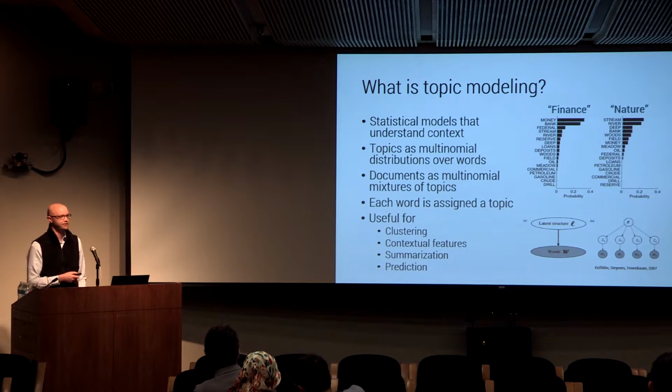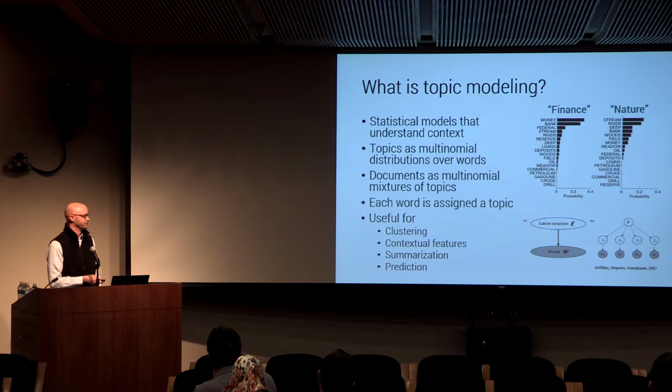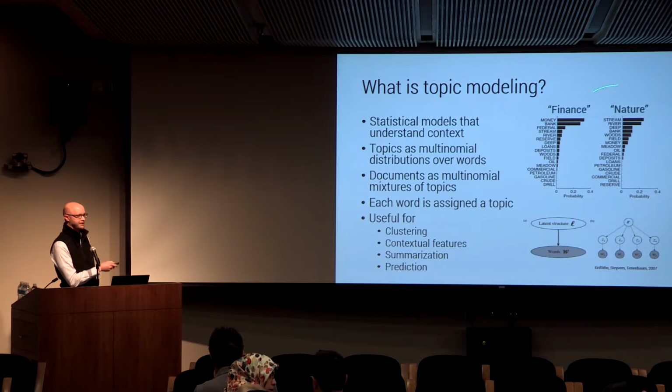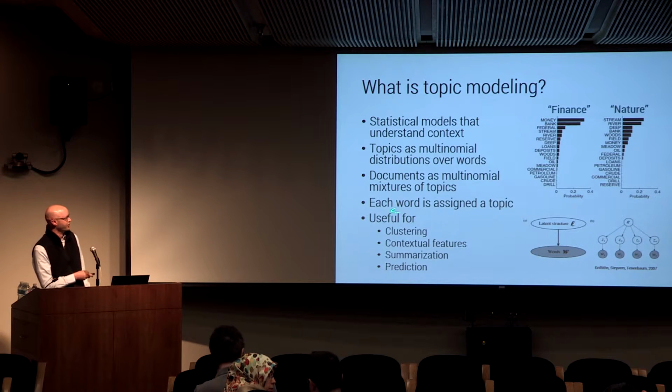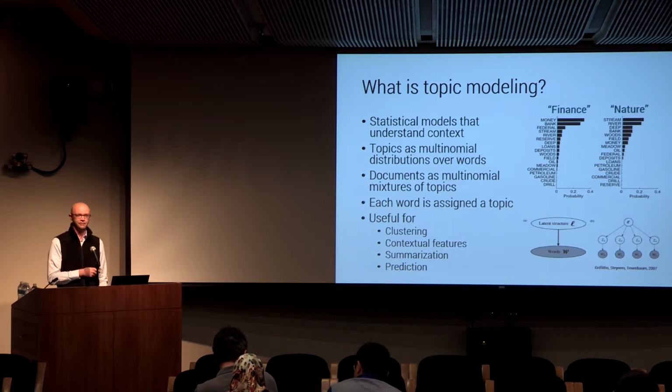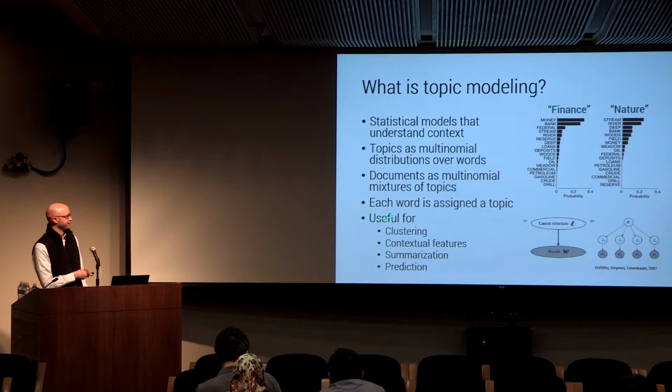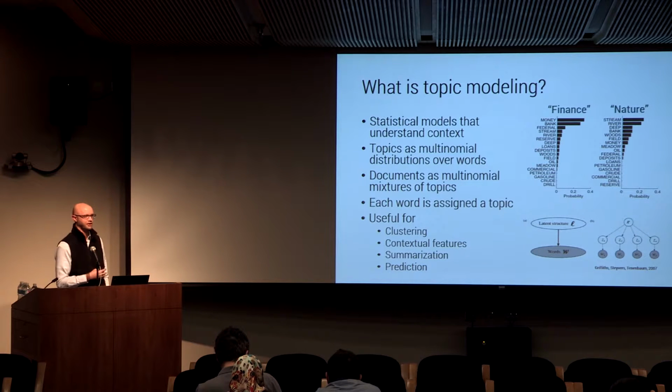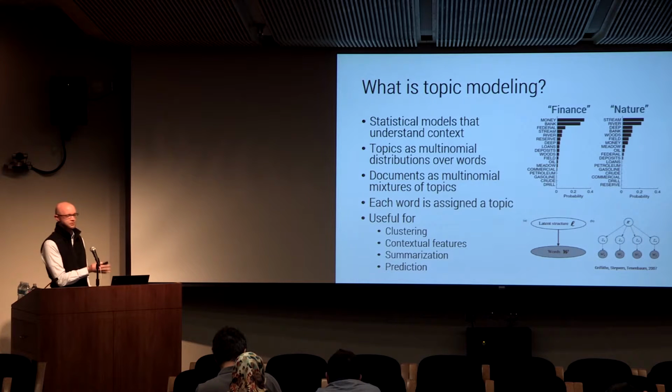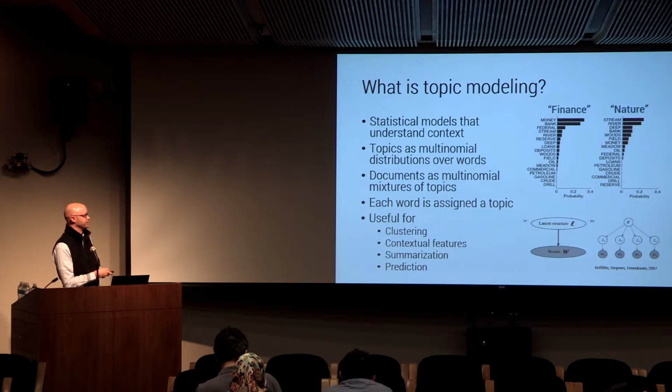And so we need a way to actually model documents as well. And we'll just do that as defining multinomial distributions over our topics. So documents are now mixtures of these things, okay? And I'll note that each word is actually assigned a topic, and that can be important because these things are useful for things like document clustering, for deriving contextual features if you wanted to do something like document classification or phrase classification or information extraction, named entity recognition.